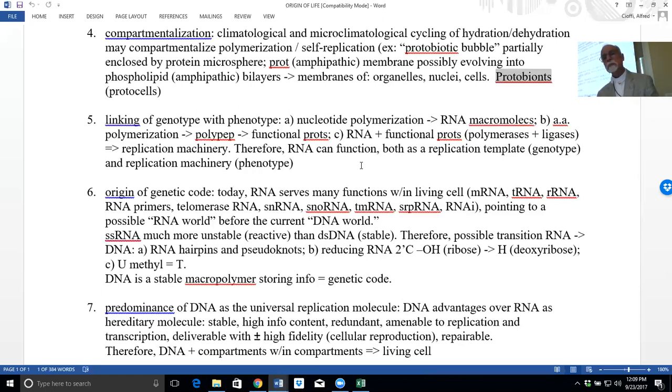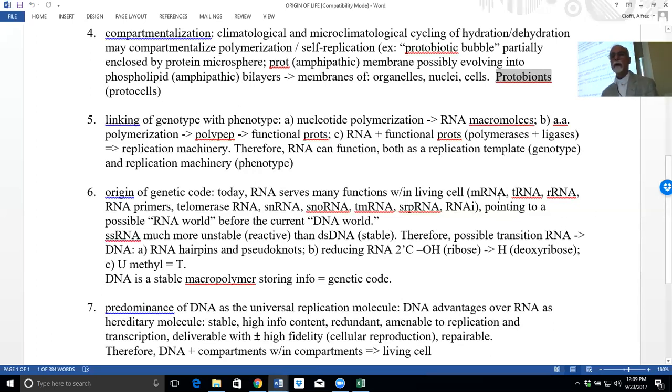Another indirect evidence, if you will, of possibly the early genetic code being an RNA world is that there are many different types of RNA today. In contrast to DNA, which is essentially one inheritance molecule, with 3 configurations of the DNA molecule, RNA tends to be smaller and in different types of configurations that are not a double helix, okay?